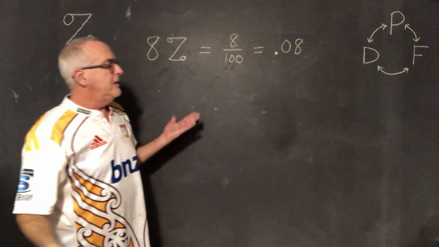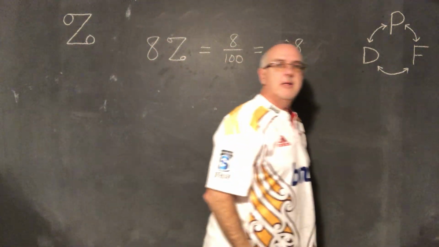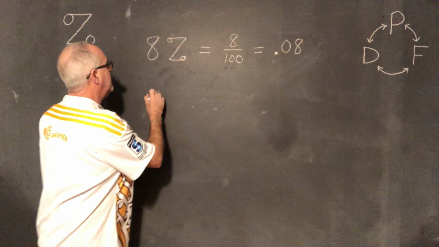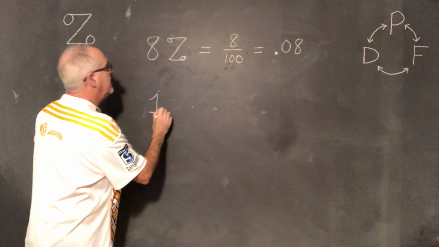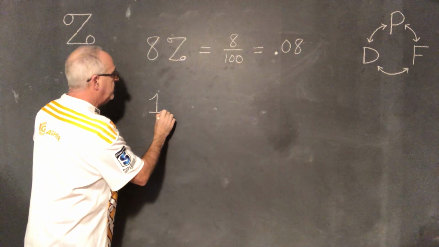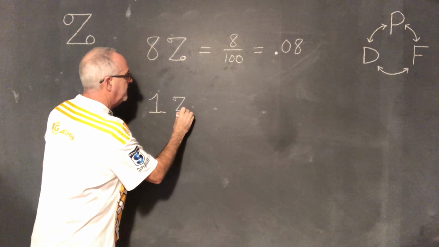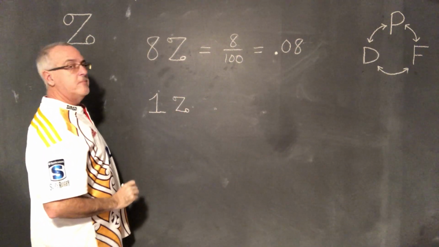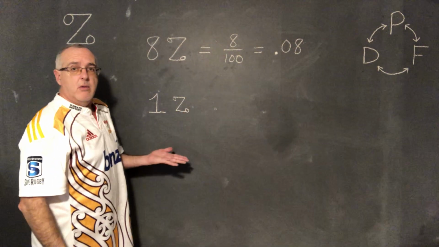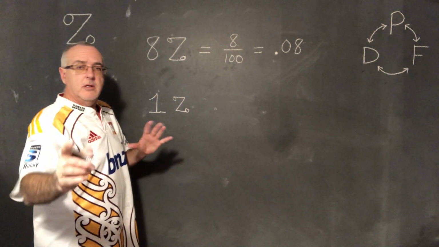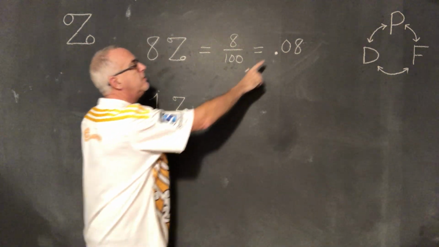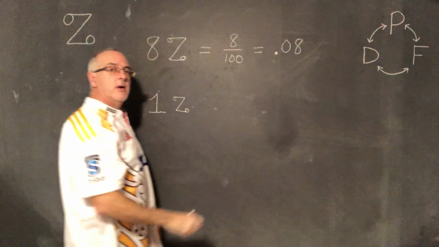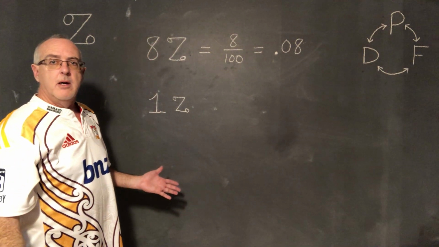No problem. How about 1%? That's the smallest percent I can think of right now. 1%. Is it going to be different? No. In fact, I think most of the students are probably thinking, well, it's obviously going to be 0.01. And they're right.